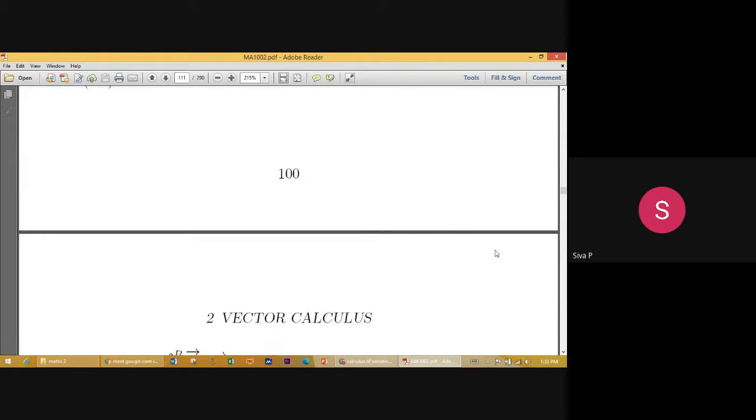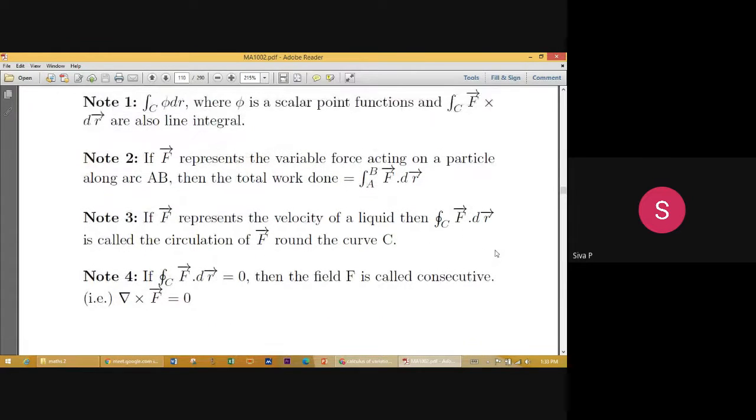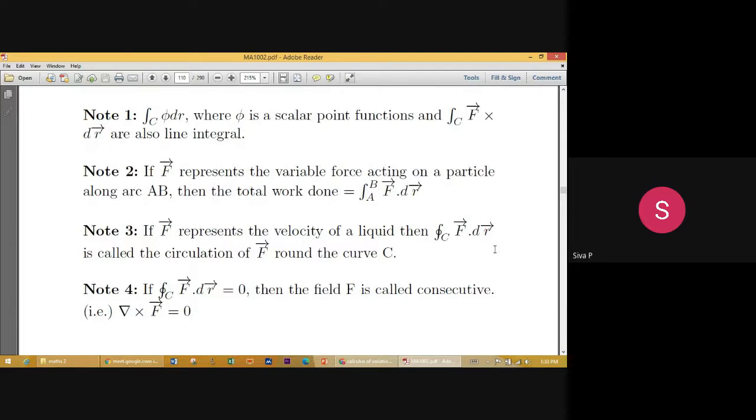Surface integral, one important point is there. Conservative vector field, not consecutive; consecutive is wrong.